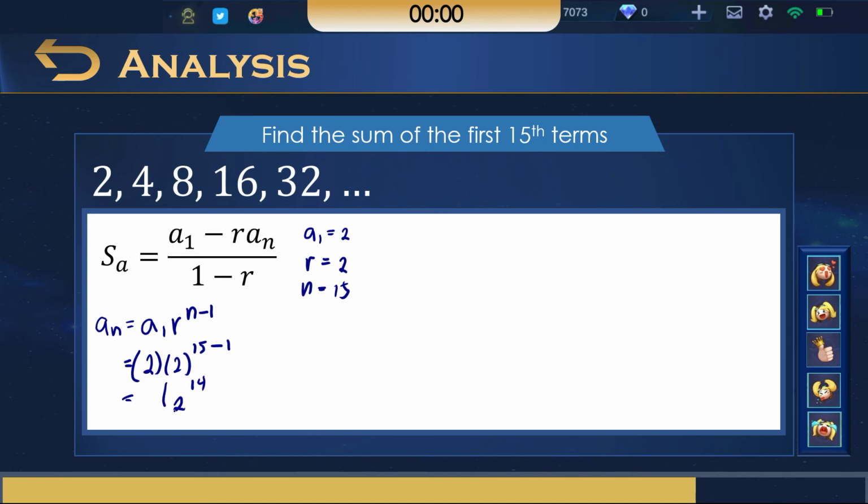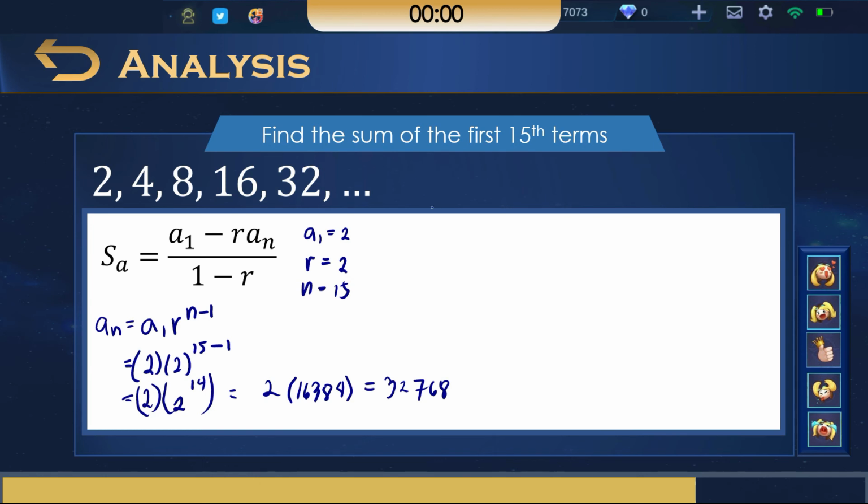So we have 2 times 2 raised to 14. 2 raised to 14 is 16,384, times 2, we have now equal to 32,768.